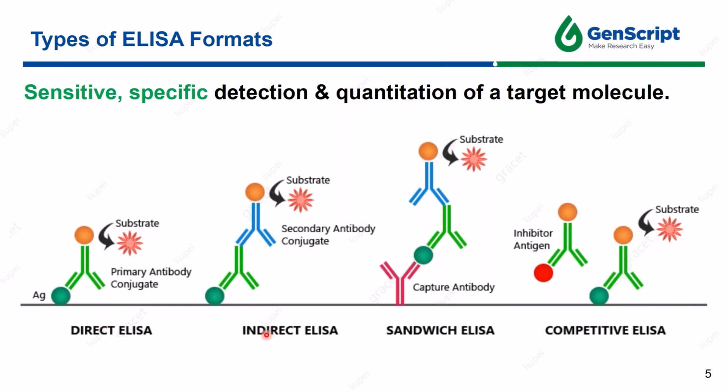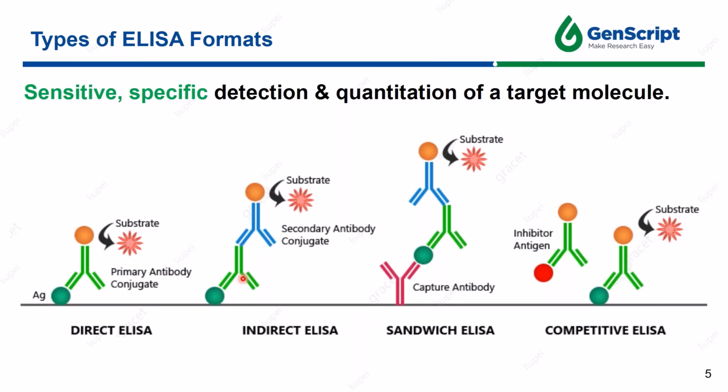The second format is the indirect ELISA. The same as with the direct ELISA, first the antigen is coated on the plate. A primary antibody binds to the specific antigen. Then an enzyme-conjugated secondary antibody directed against the host species of the primary antibody is applied.